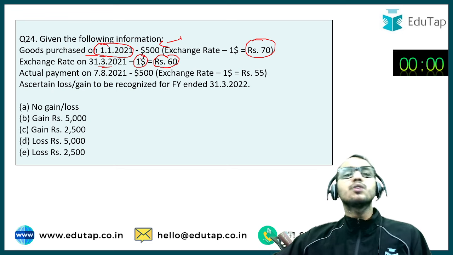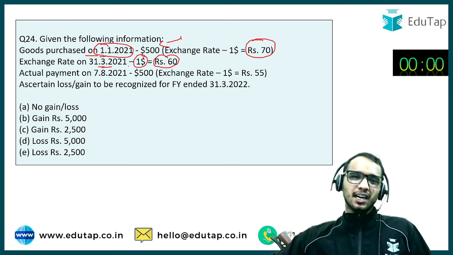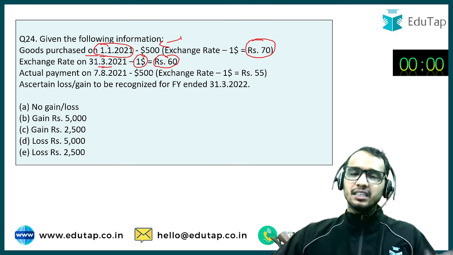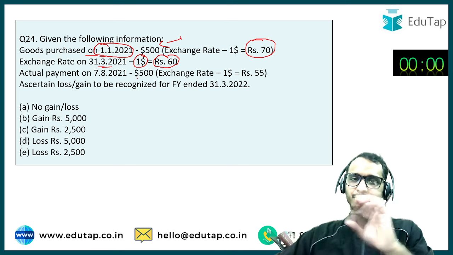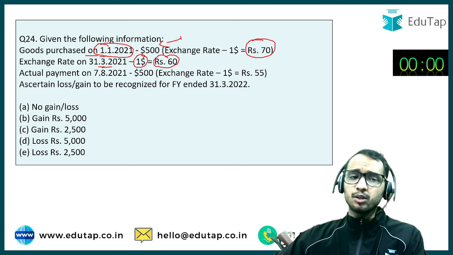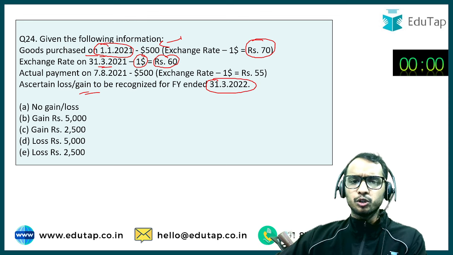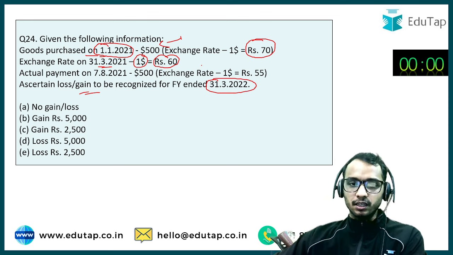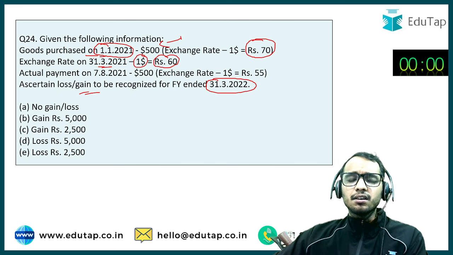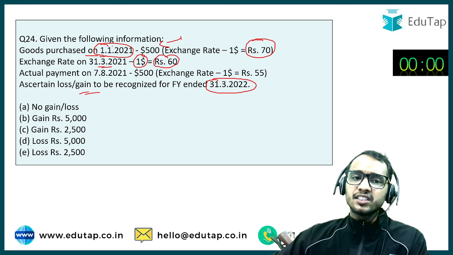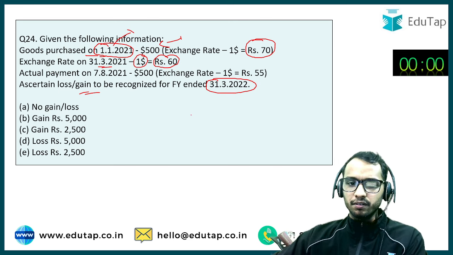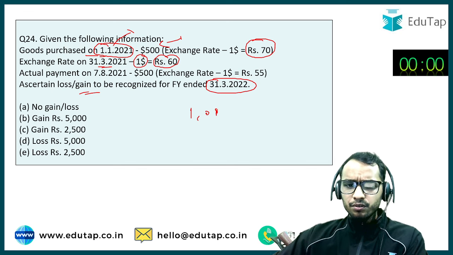Now see, we have this accounting standard for effect of changes in the foreign exchange rate. So from that you have to recognize the gain or loss in financial year 31st March 2022. So you have basically two cases there. First case is that, first of all, the transaction is happening on 1st January 2021. I'll write it here for you. 1st January 2021 transaction is happening.